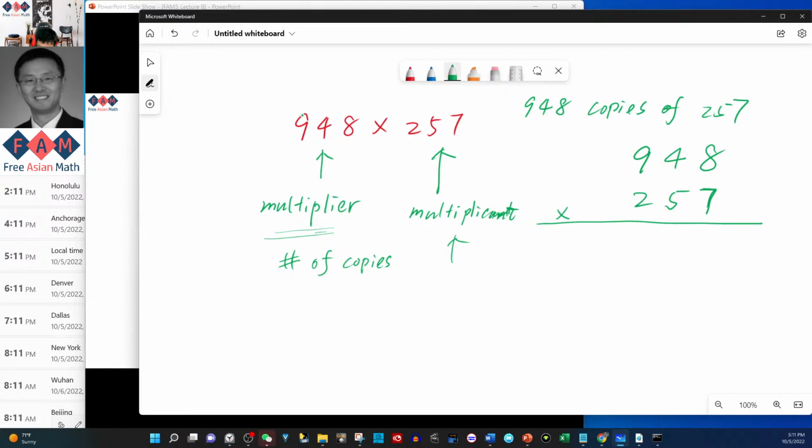So 7 times 8, that's 56. That's a 5 carry-on. Where to write it? You just write it there. Why? Because you're going to put another digit here, and this should be small enough, and just right at the top right corner of that new digit.